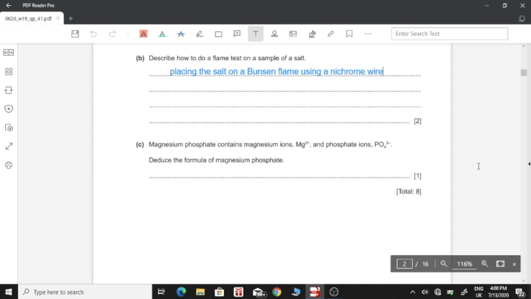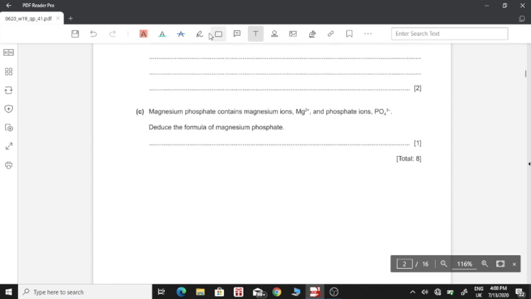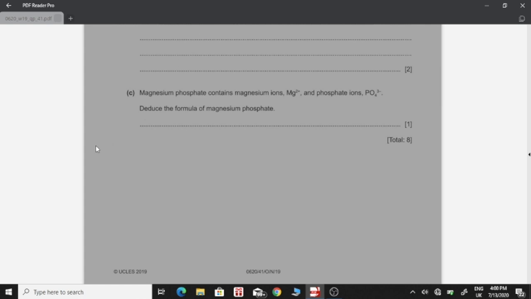C. Magnesium phosphate contains magnesium ions and phosphate ions. Deduce the formula of magnesium phosphate. Alright. So in order to deduce the formula, first off we're supposed to write the symbols. This is just one method which you can use. And then we write the valency of each element or the ion.